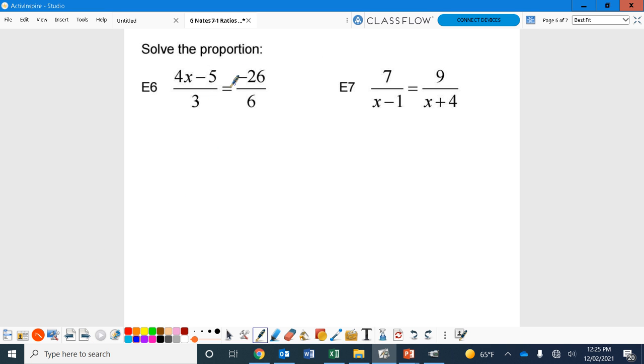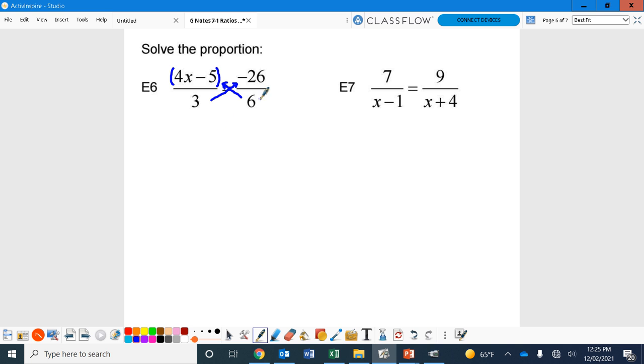So when you see these problems, you're going to multiply 6 times everything that's up here and 3 times everything that's up here. These are cross products. Remember though, if there's more than one thing up there, you got to treat it like there's a parentheses. And what property is that when you have something times a parentheses? Distributive.